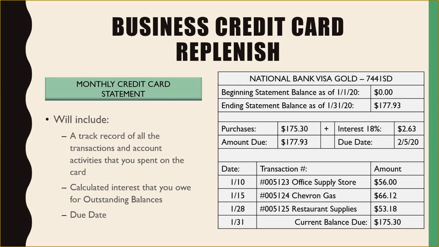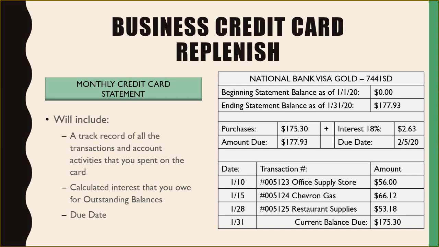But again, the 18% isn't what they're going to be charging you right then and there. 18% is an APR, annual percentage rate, meaning that's the total amount that they're going to be charging you for the entire year. So you're going to take that 18%, divide it by 12 to get the total amount of interest you're going to be charged for that month.